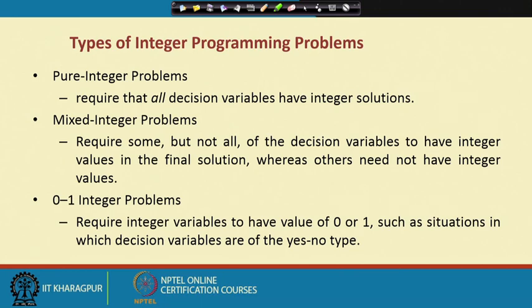say labor is one kind of decision variable, and the table is another decision variable. Now 1.2 labor can be meaningful, but 1.2 table is not meaningful. 1.2 labor means one labor who can work for some additional part of the time.